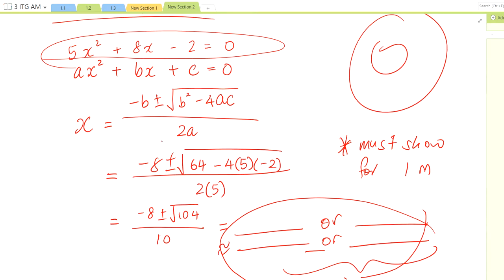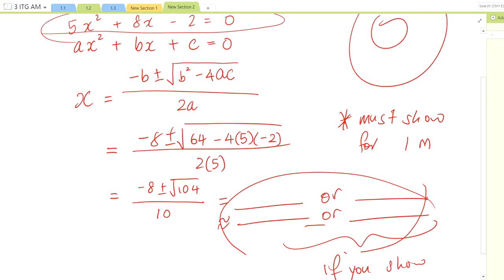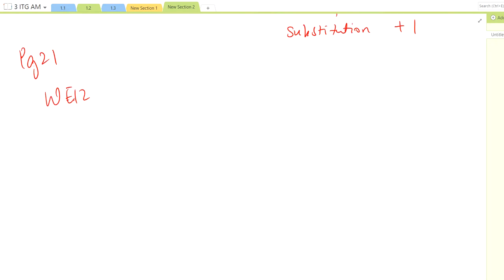I'm going to leave this formula on the board so later on we can use it. Yeah. So look carefully. We know how to factorize things like x squared plus 4x plus 2. Okay, we know how to factorize this.